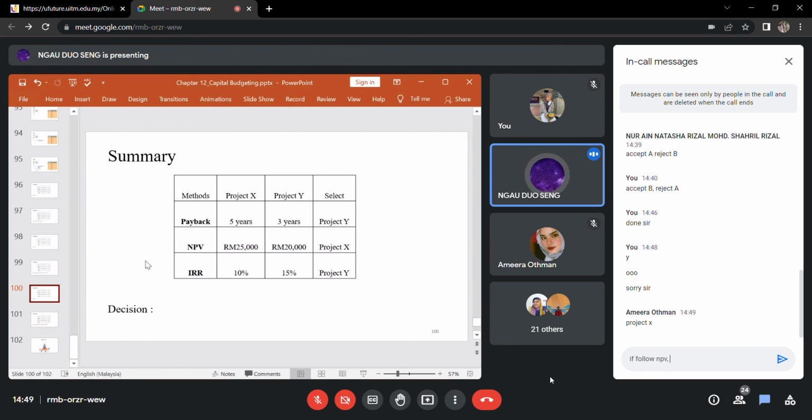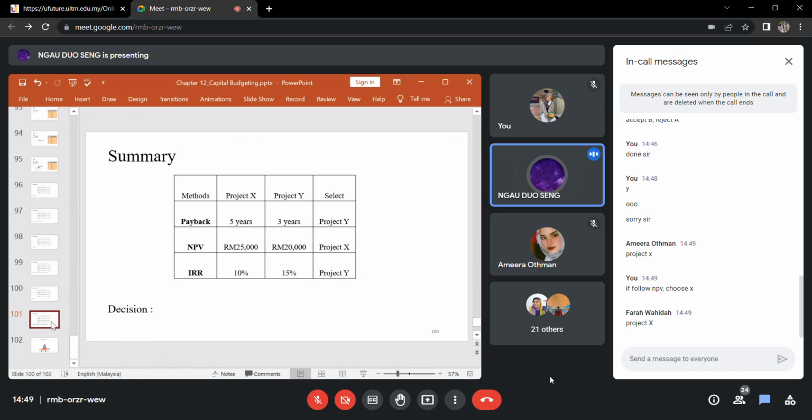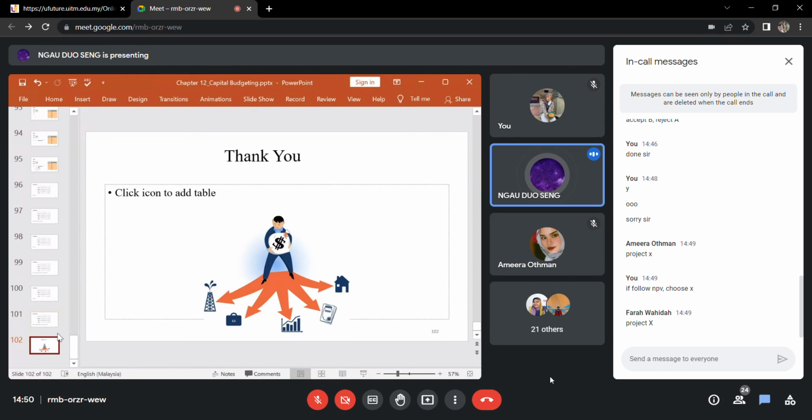Alright, so yes, in this case even though two techniques say choose Y, we still base on NPV, we choose X. So even though payback and IRR say Y is better, we always follow NPV. We choose project X. All right, so we have done chapter 12.